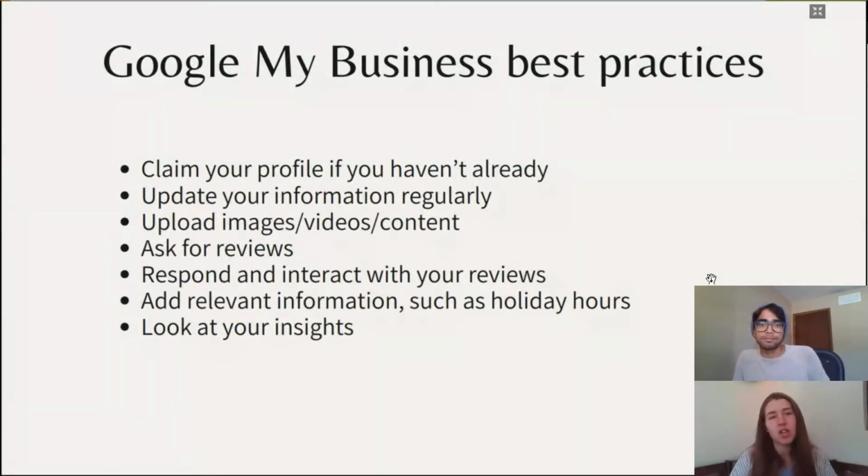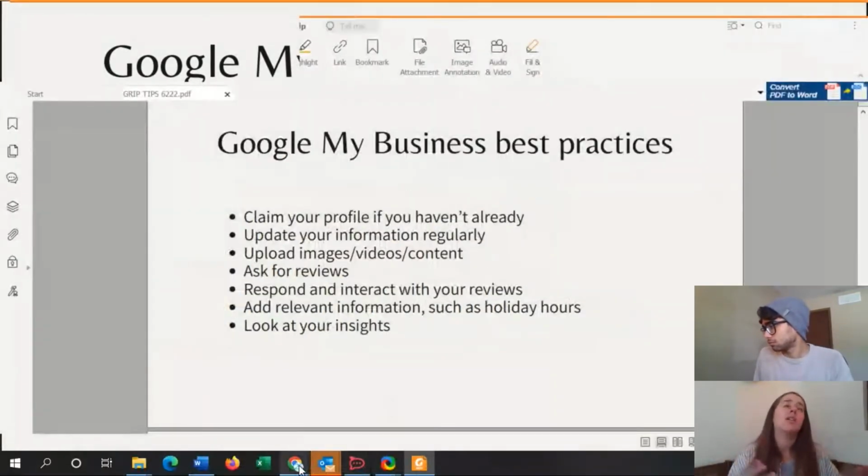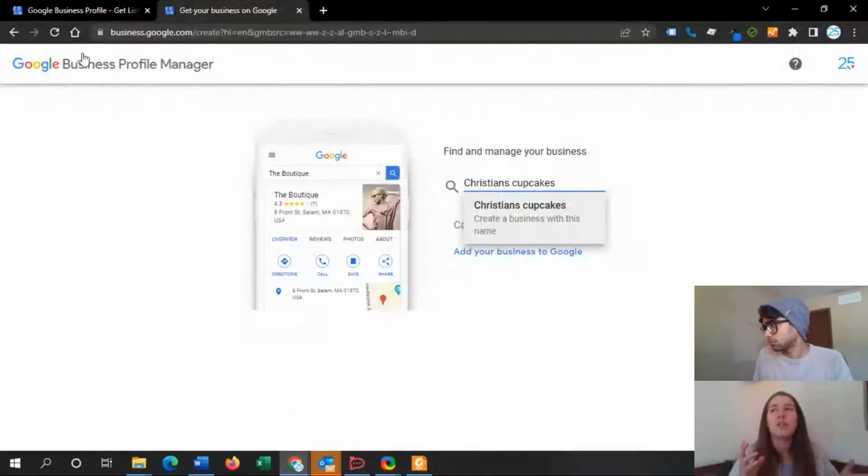I guess it's hard to explain in just one slide the countless options that Google My Business gives you for differentiating your business. There are lots of value differentiators that they offer. If you are a minority owned business, if you are woman owned, there's all kinds of things that you can put.